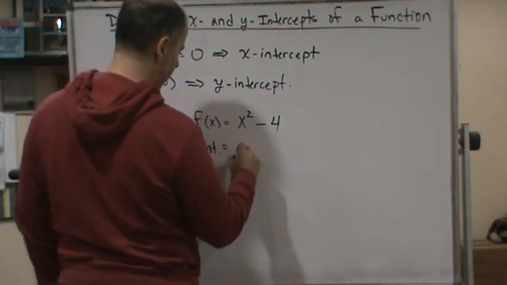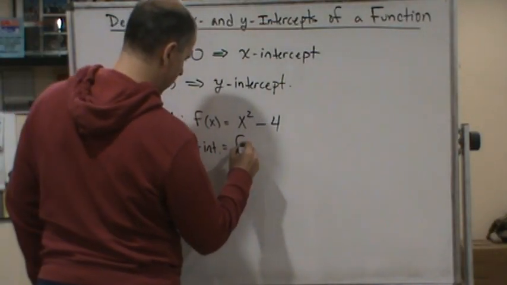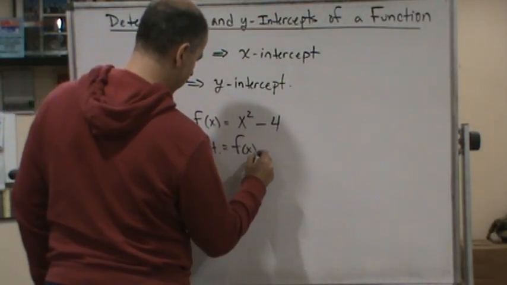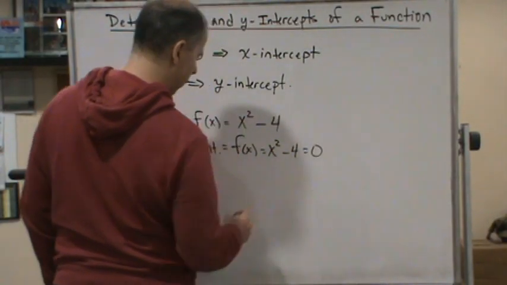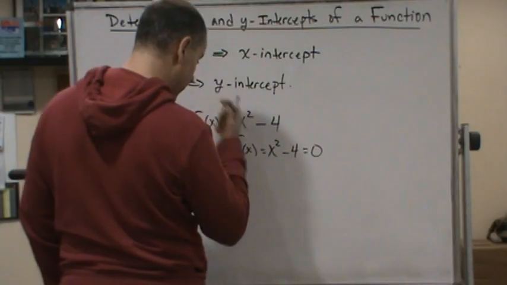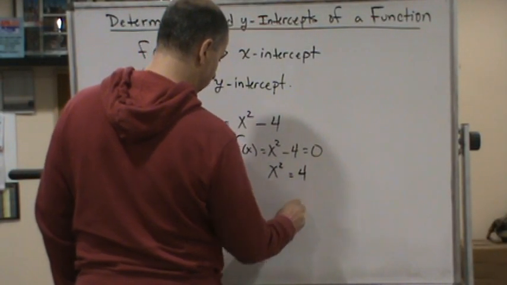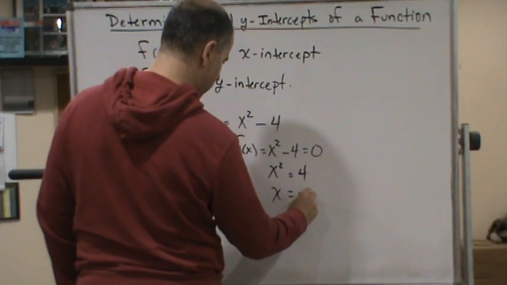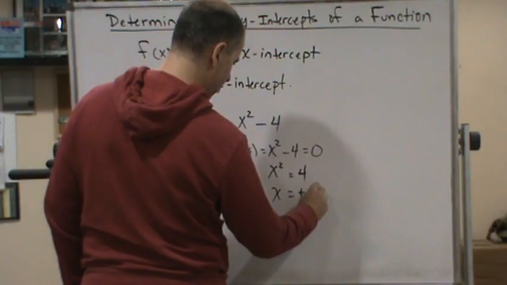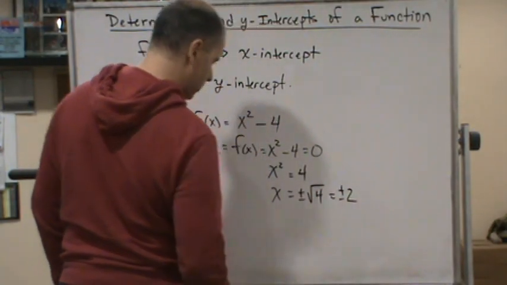Okay, so if we set f of x equal to x squared minus 4 equal to 0, and we solve this, we get x squared equals 4. And then we get x is equal to plus or minus the square root of 4, which equals plus or minus 2.